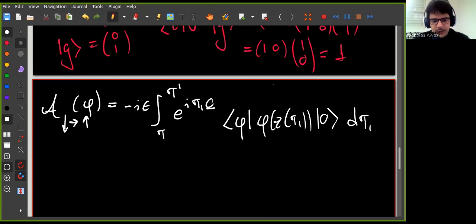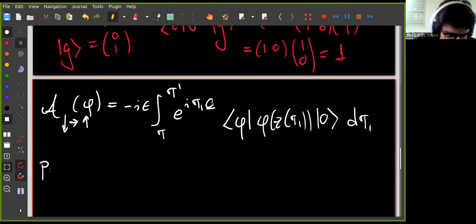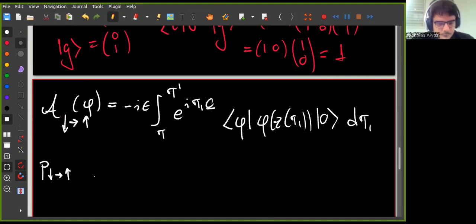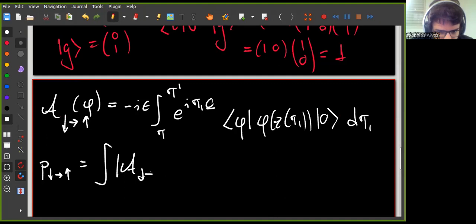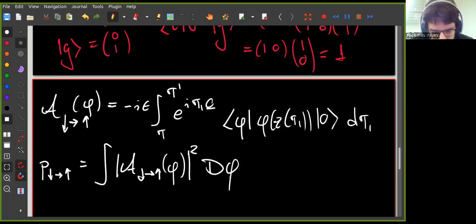Now, what we actually want to compute is the probability for excitation of the state. This is given by the integral of the amplitude from down to up at phi squared, integrated over all phi.